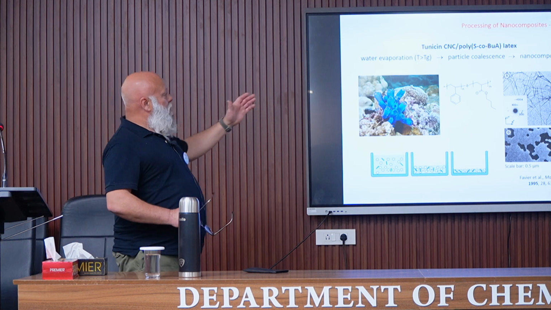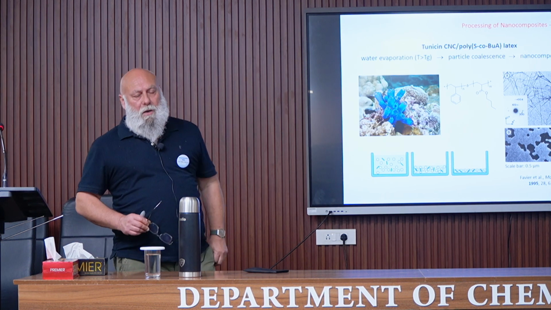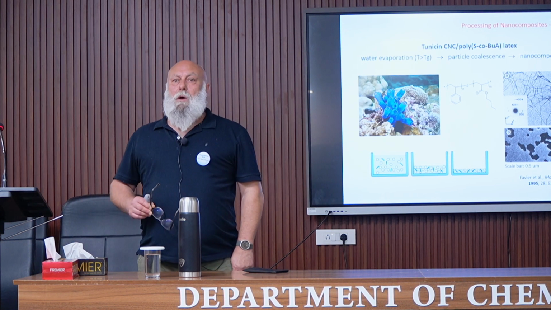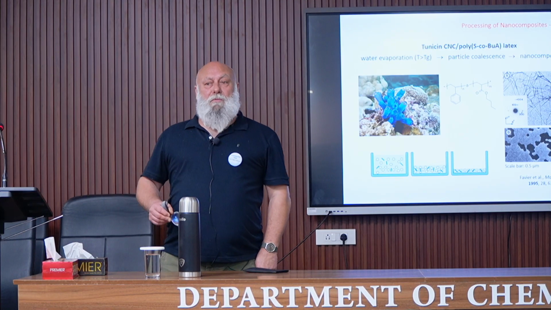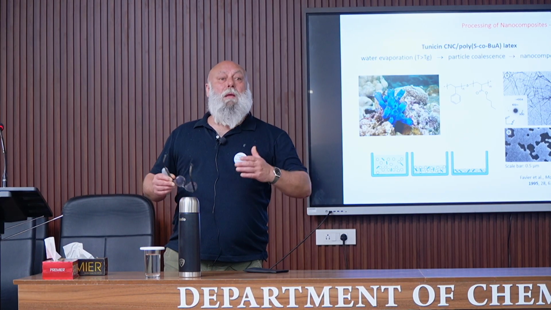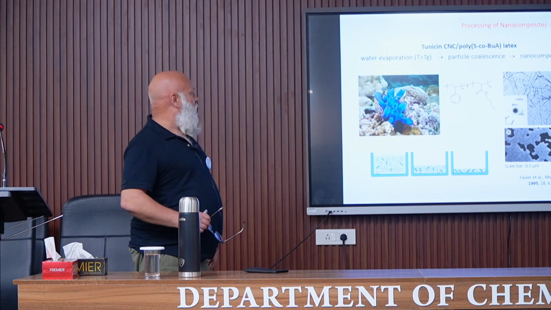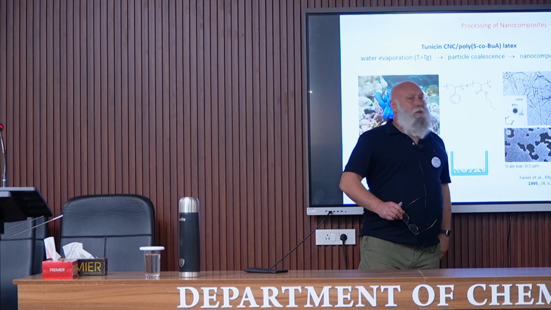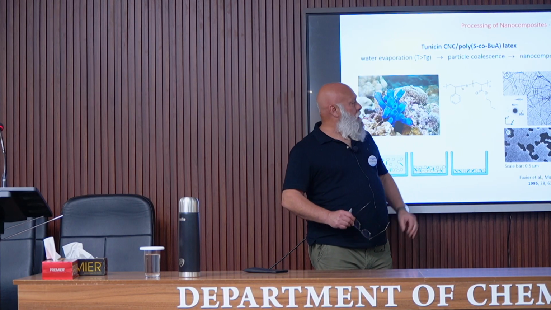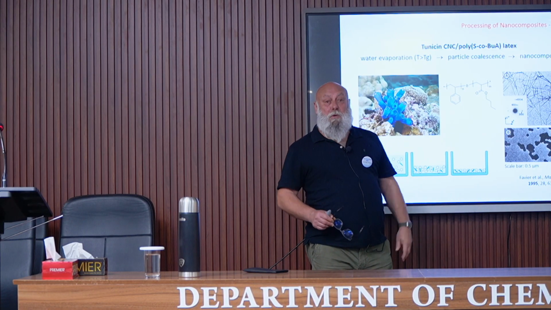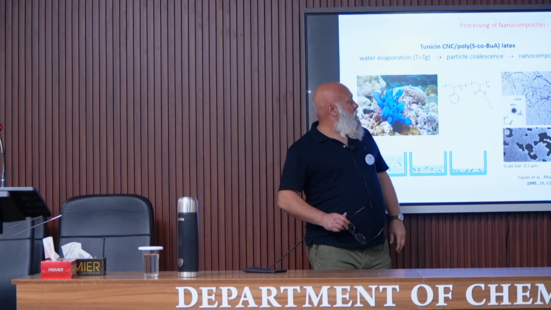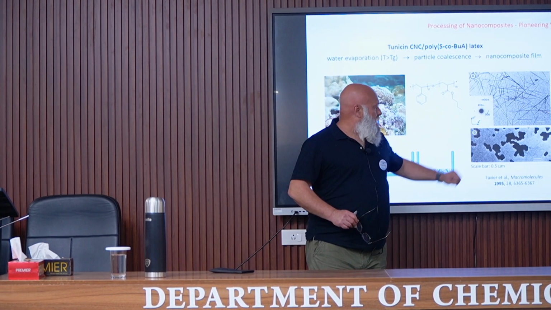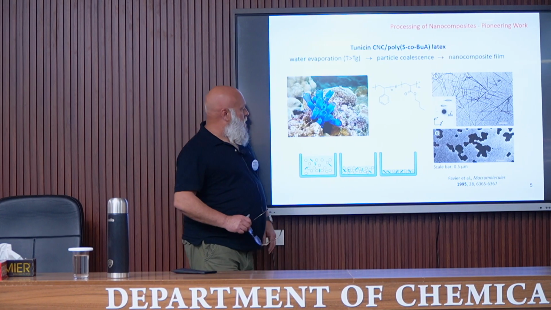Also, the interest of using this copolymer is that it is a random copolymer, so it's an amorphous polymer, and there is no impact of the crystallization of the matrix. So you can see here the nanocrystals obtained from tunicine, so they are very long, the aspect ratio is high, almost 70, and here is the aqueous dispersion of the latex.